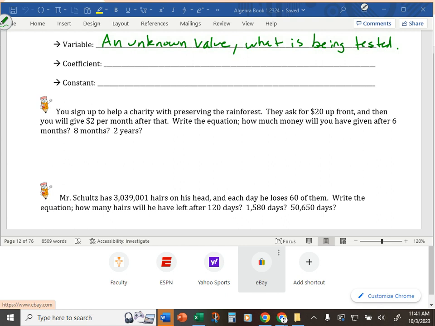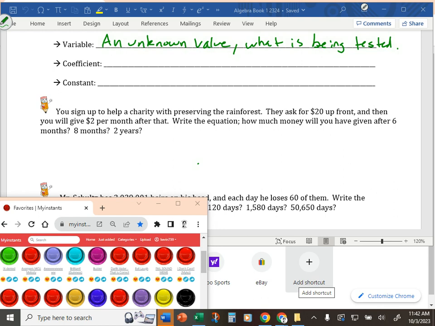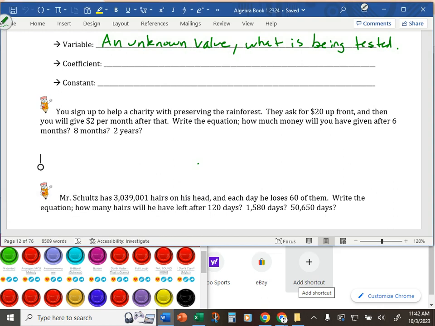The coefficient. Any idea what the coefficient is? Nolan? Similar. Not quite. The role of a coefficient, it's that number that's before the variable.